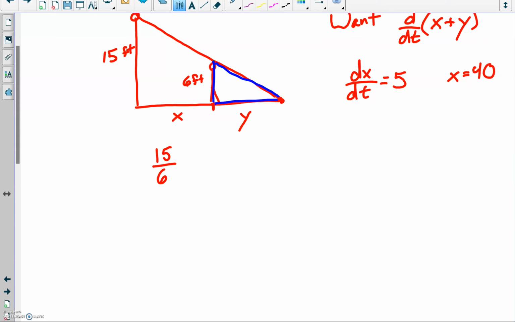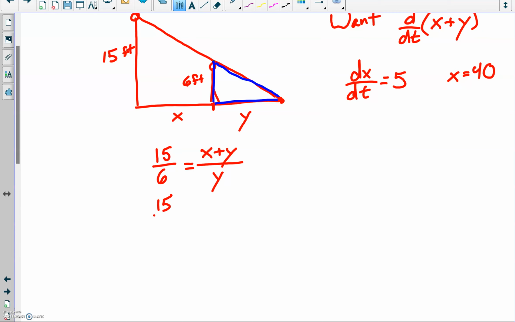I'm going to say, okay, well, 15 over 6, the left side, so to speak, of the triangles would be equal to the bottom side of the bigger triangle, which is X plus Y. If you want to relate that, put that across from the 15. And then the smaller triangle, we just have Y here.